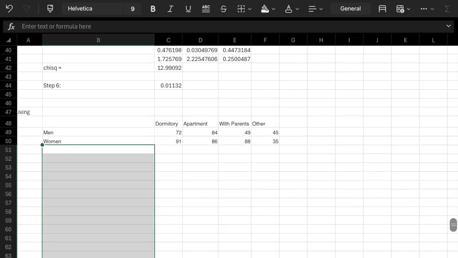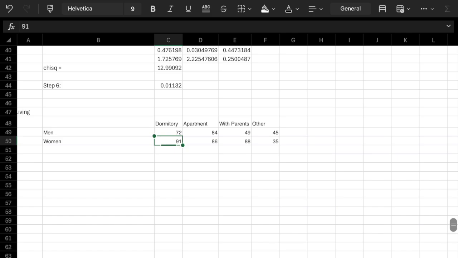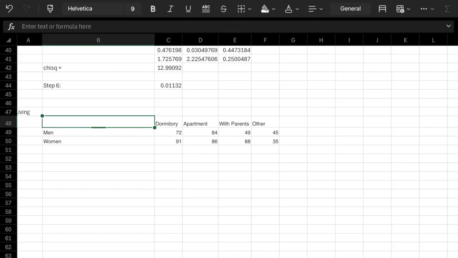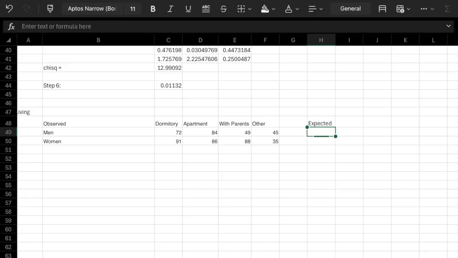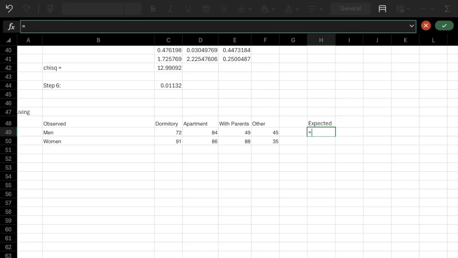Delete all that. Okay, so here are my 2 different populations. And each one of these are observed. This whole thing here is my observed table. And now what I need is my expected table. Okay, expected is going to equal. I need my column totals.